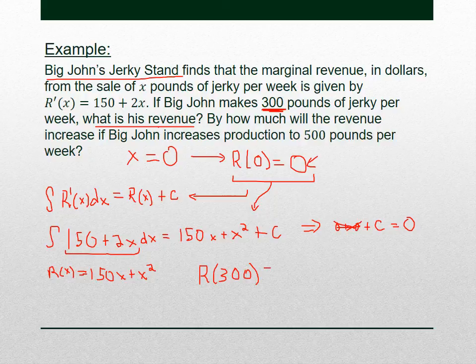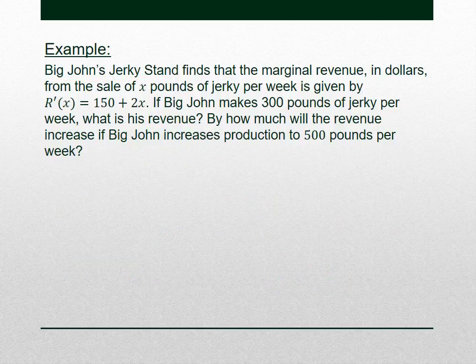And you can double check my work here, but I got 135,000, and that'll be in dollars. So my weekly revenue, if I make 300 pounds of jerky a week, will be $135,000.